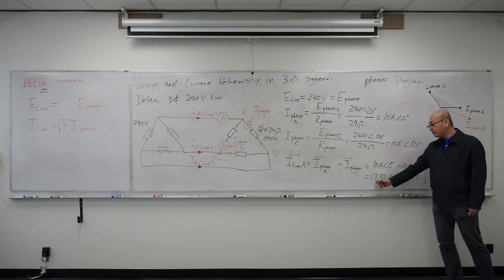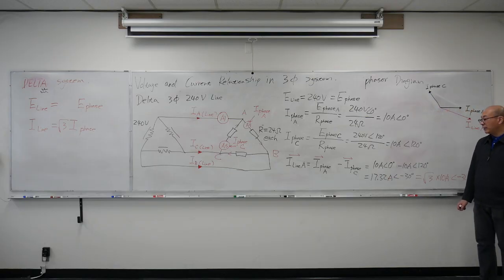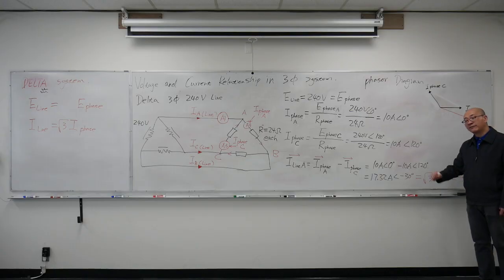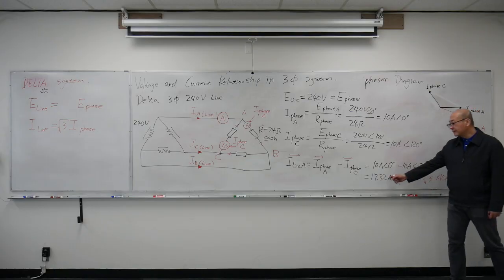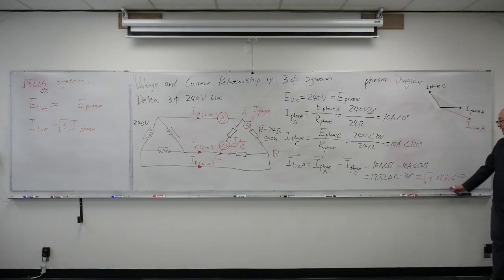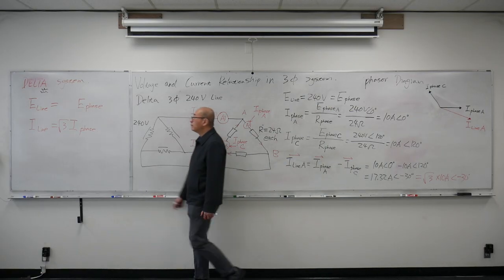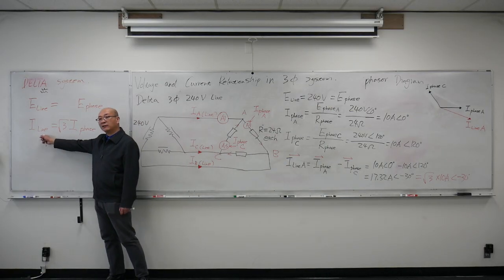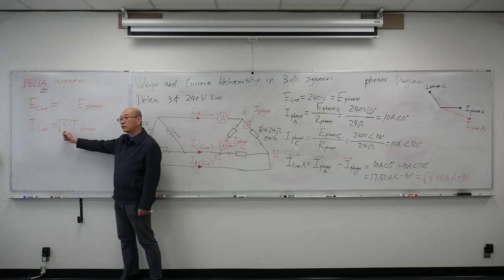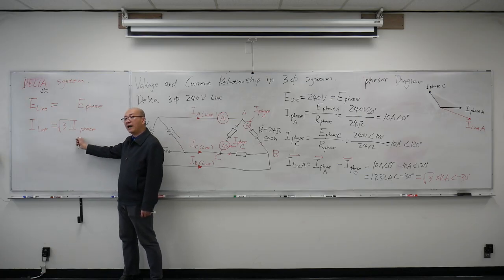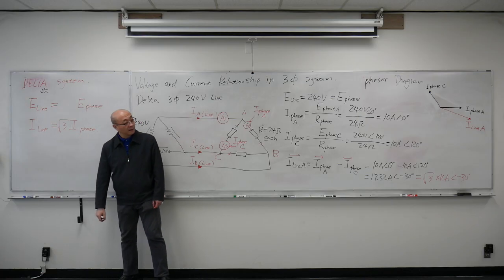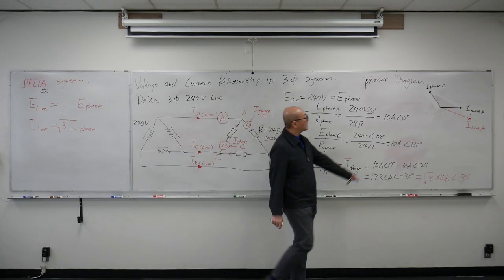When we subtract them, we get 17.32 amps at negative 30 degrees. 17.32 is equal to √3 times 10 amps. So the relationship between the currents is that my line current in a delta system is equal to √3 times my phase current.